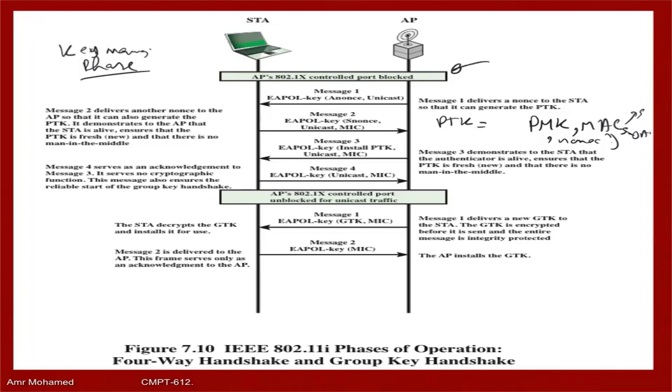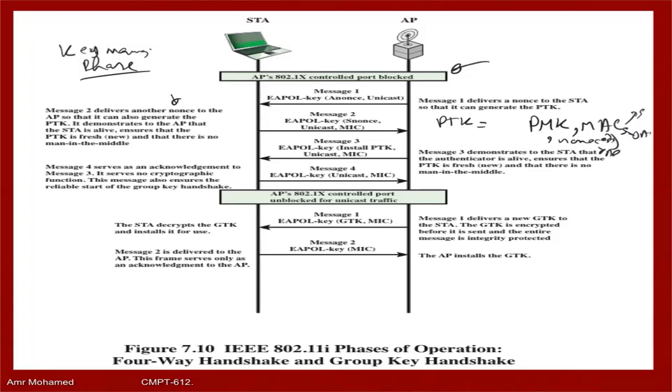So there is a nonce that gets generated by the access point and it gets sent to the station. The station will then say, okay, I will also generate a nonce locally. So here this nonce is also based on the station and the access point.